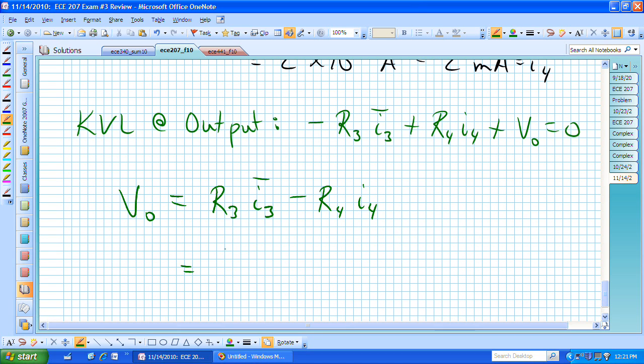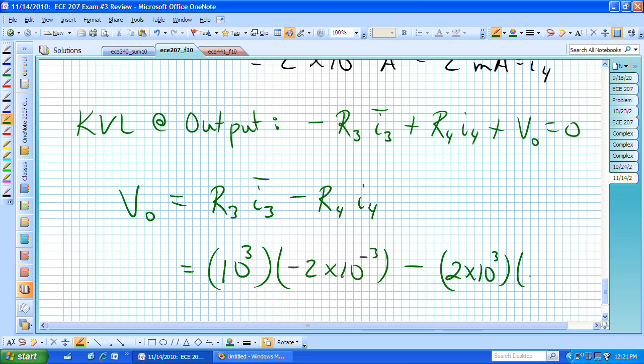R sub 3 was 1,000. I sub 3 bar was minus 2 milliamps, minus R sub 4, which was 2,000, and I sub 4 was 2 milliamps.